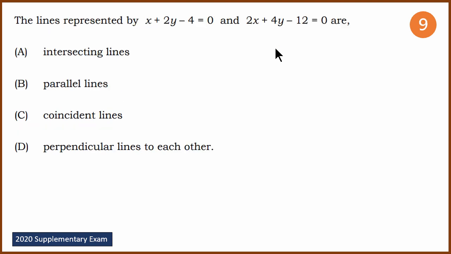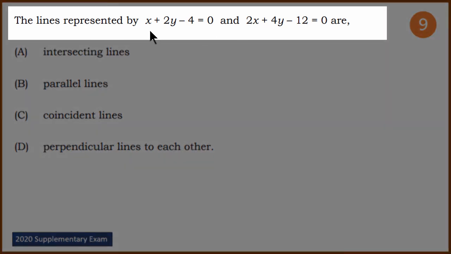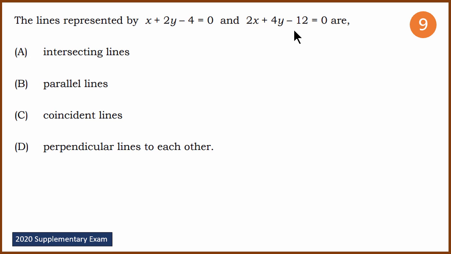All right, next, 9th question. What is the 9th question? The lines represented by x plus 2y minus 4 equals 0 and 2x plus 4y minus 12 equals 0 are... So again, two equations, and we have to find the ratio of the coefficients, and based on that, we can tell what kind of lines they are.